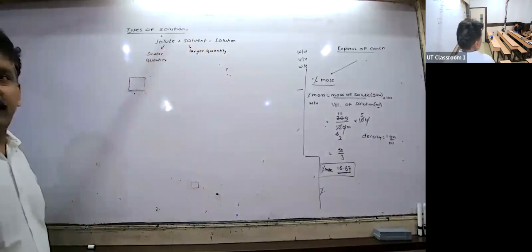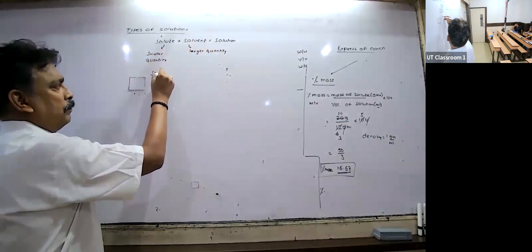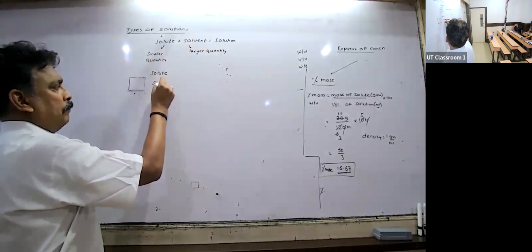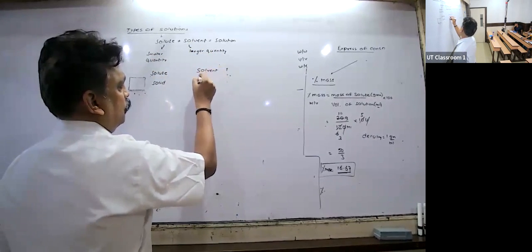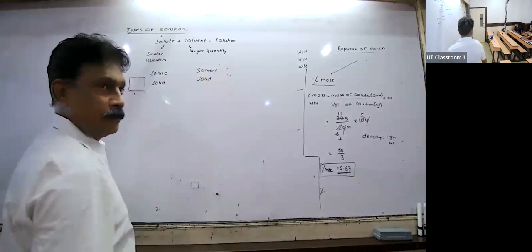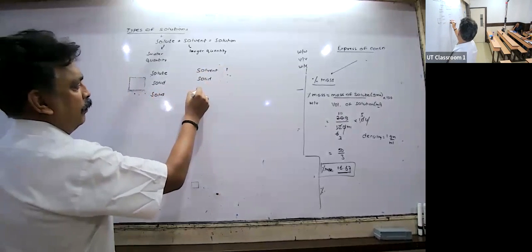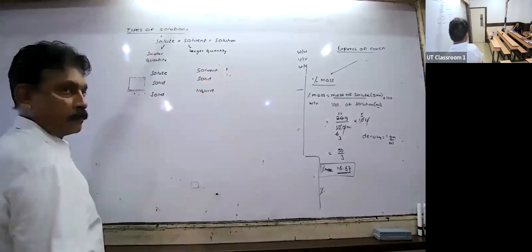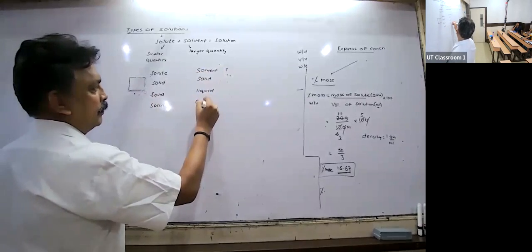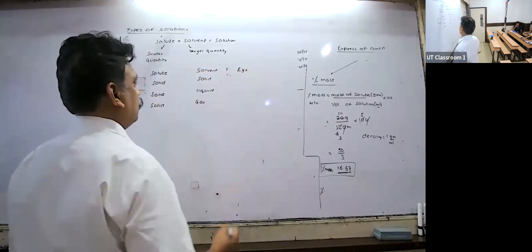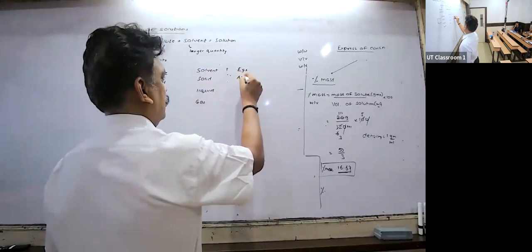Now we can have different types of solutes. For example, a solute which is solid, and the solvent can also be solid, liquid or gas. Solid in solid will be called alloys.